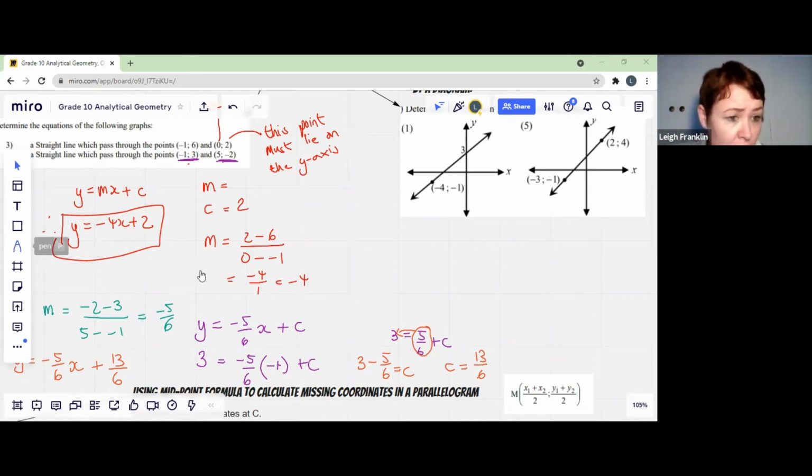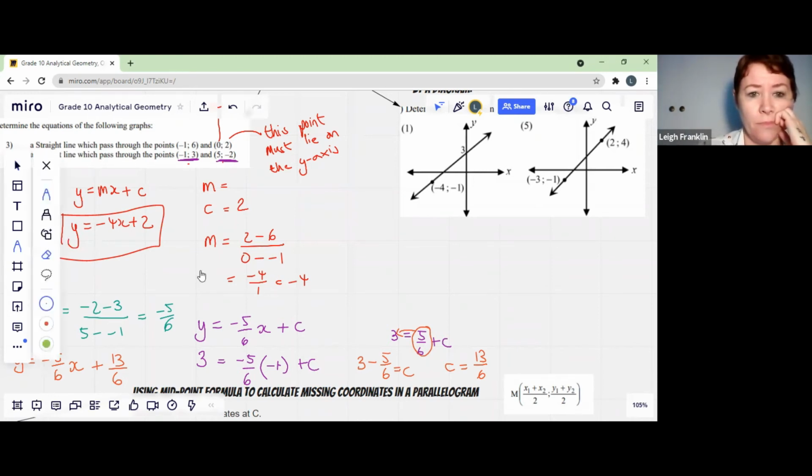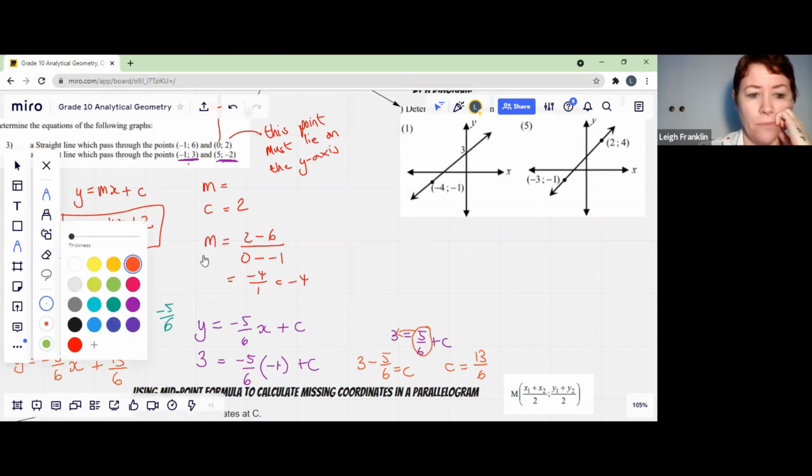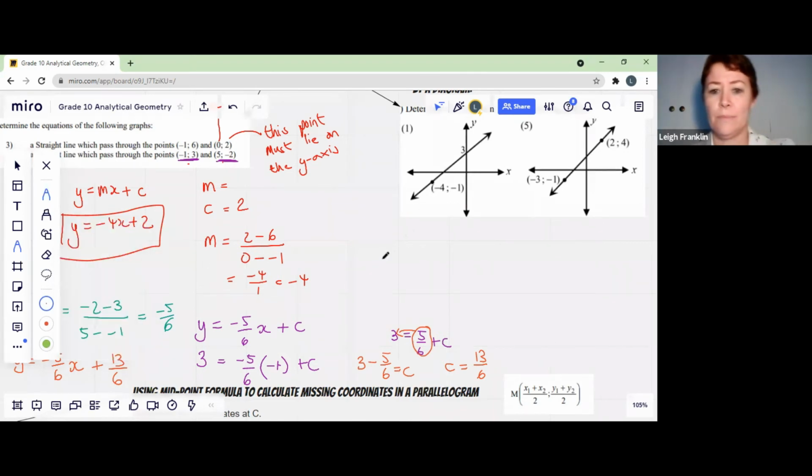Anybody managed to work that out? Is there no one who's been able to work out the gradient of the line in number 1?